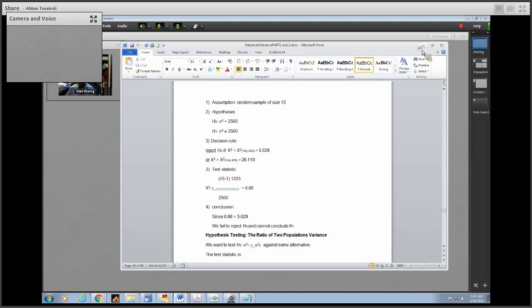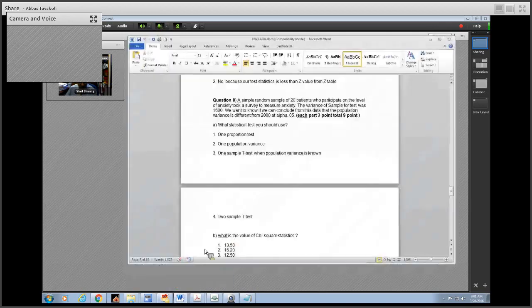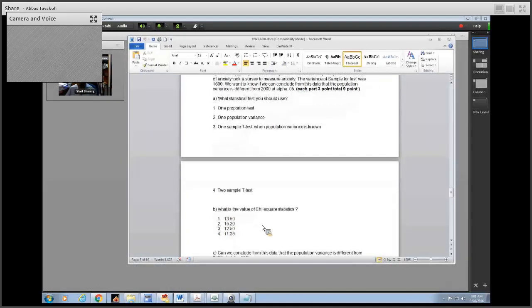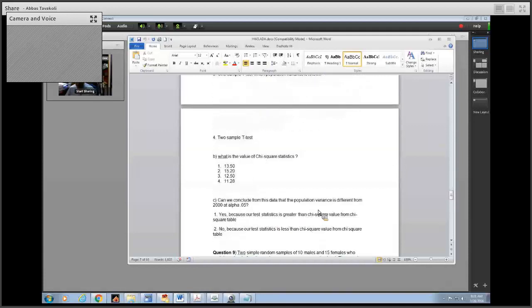So make sure you understand whether it is one-sided or two-sided. The example on page 39 of your handout shows we had two-sided, and we find both chi-square values from the table, and then 6.86 was greater than 5. So we failed to reject it.